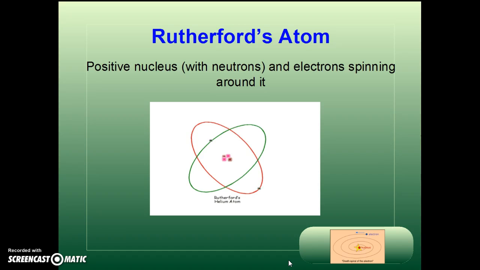So, if you wish, because the electrons have to stay outside the nucleus, Rutherford's atom was constructed with the electrons revolving about the nucleus like planets around the sun. This is a model of the helium atom, with 2 electrons circulating around the nucleus.